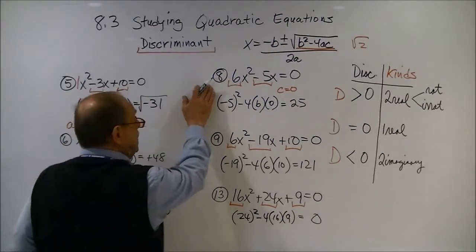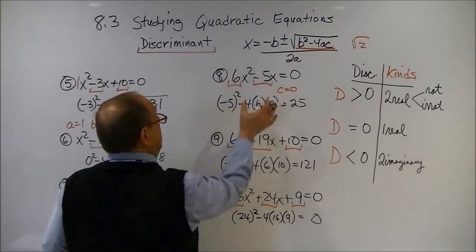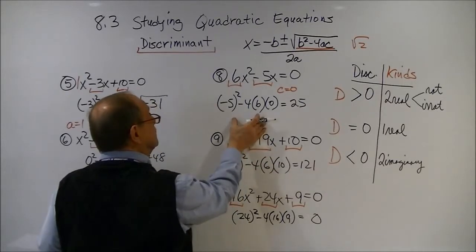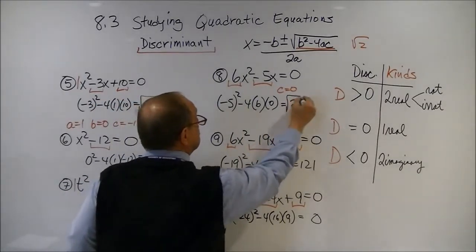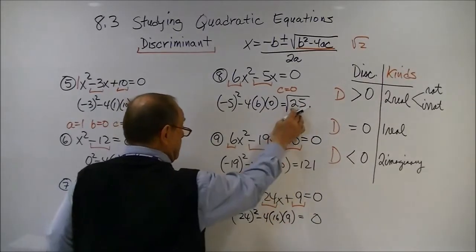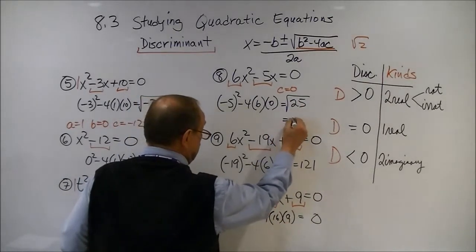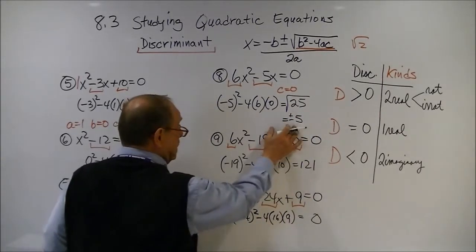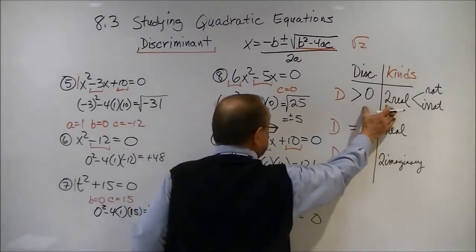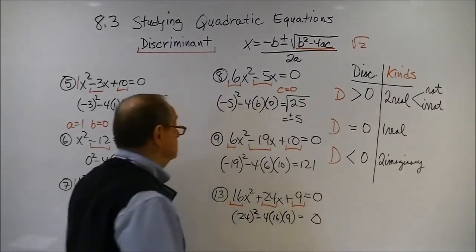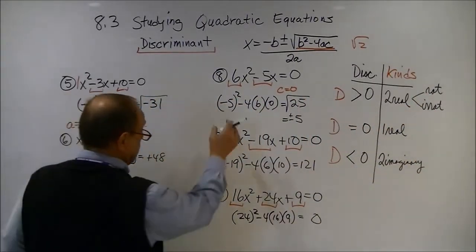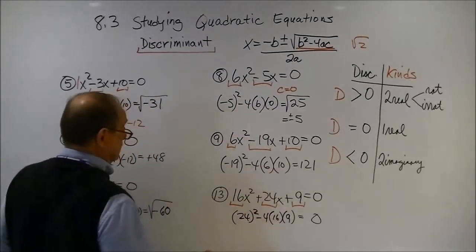Now when I do number 8, again, taking my A, B, and C, putting it into the formula, I get my discriminant is 25. The square root of 25 is 5. Remember, that's the plus or minus. So here I'm going to get two real solutions, but they're going to be rational. I could actually factor that.